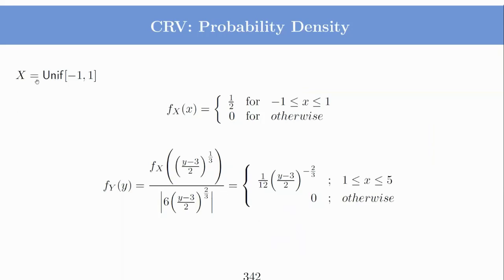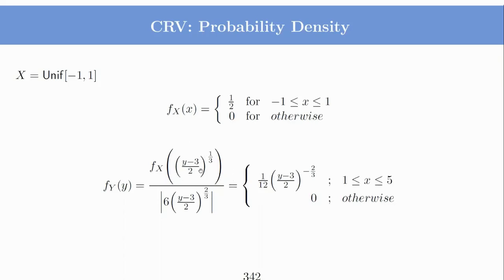So if x is a uniform random variable, this is the PDF, I can apply it here, and you will see that the denominator will change with y, but the numerator will be equal to half if the term is between -1 and 1, which will give you that if y is between 1 and 5, then this PDF would be half.